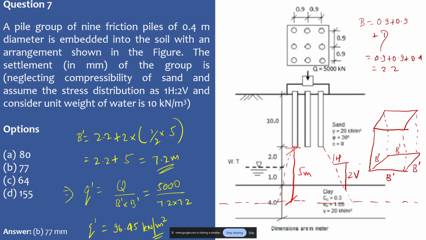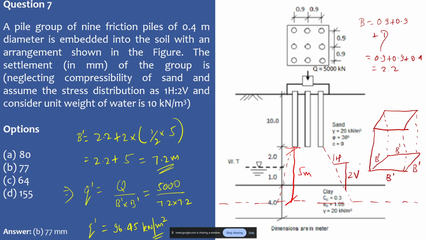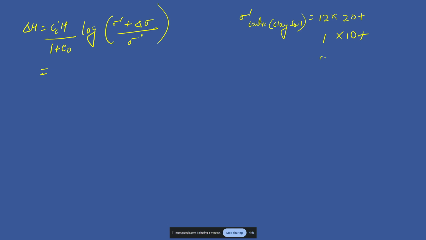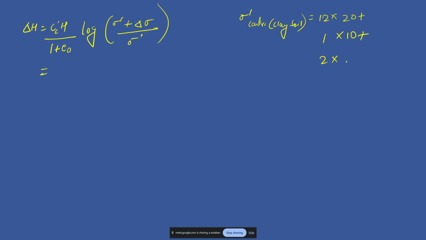How much is the 10 is given, sir. 10 is given, right? So it is 10, and this is 1 meter, right? Yeah. And then you are having clay soil is 2 meter, and again water table is there. So the gamma is same for both of them. So yeah, it will be also 10.